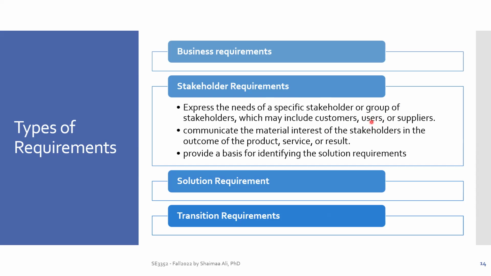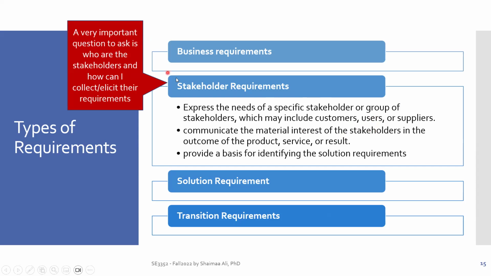Why are they interested? In what sense are they interested? And what are the needs of their interest that need to be met? It's a very important question when you start your requirement elicitation or requirements engineering process to ask who the stakeholders are and how we are going to collect their requirements.